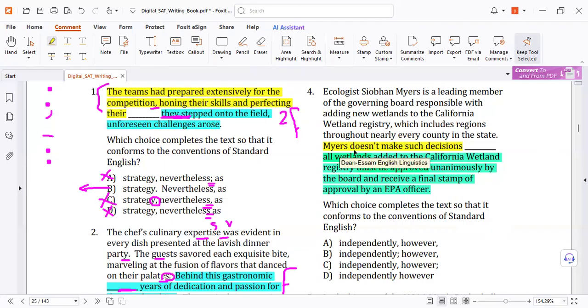He said here mayors do not make such decisions independently. So the contrast is between this one and this one, not this one and that one. So the position is at the end of the second. If this is number one, the preface, and number two, the following, it's at the end of the second.